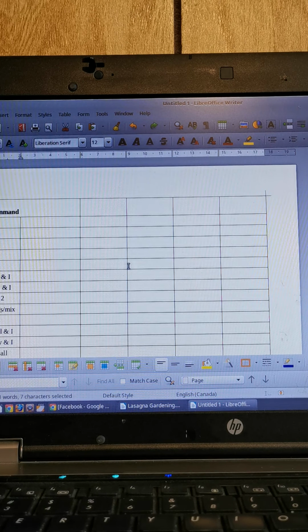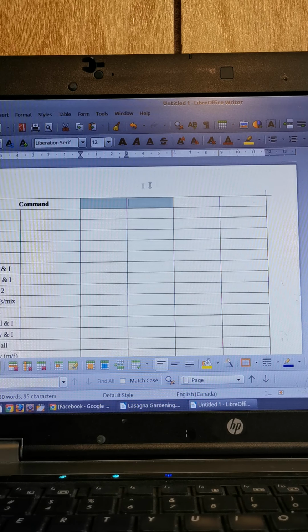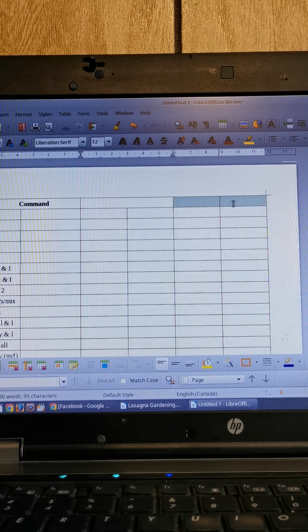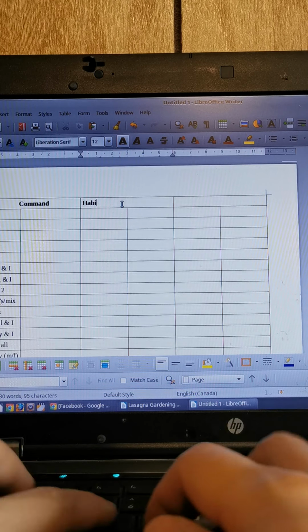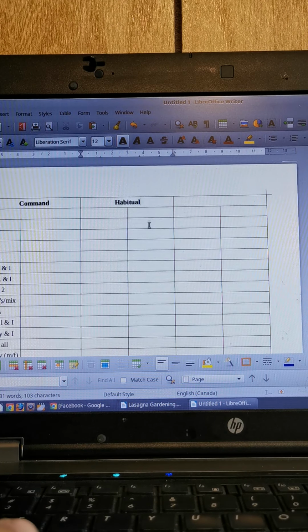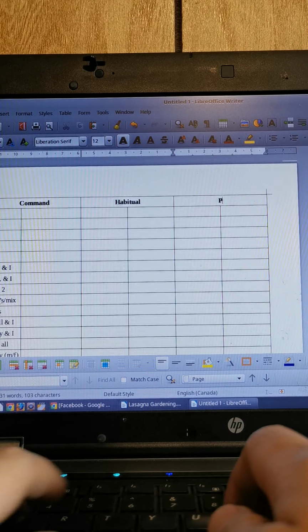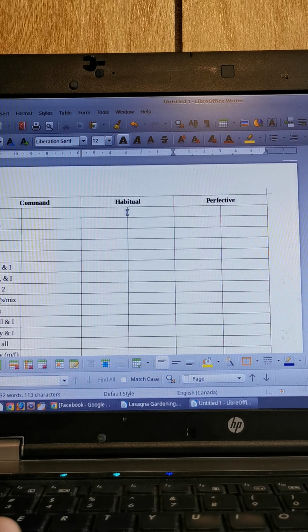Merge cells, that's it. So command form. This one will be habitual, so merge cells. And this one will be perfective. Okay, and so for each one, we'll have our English.